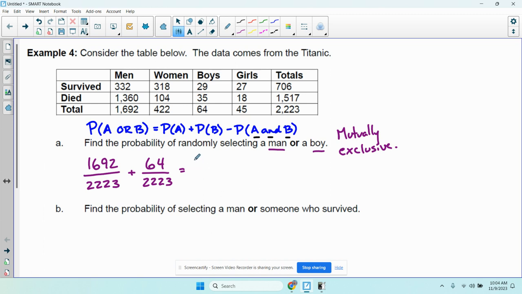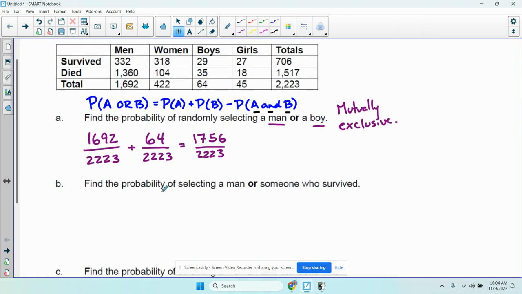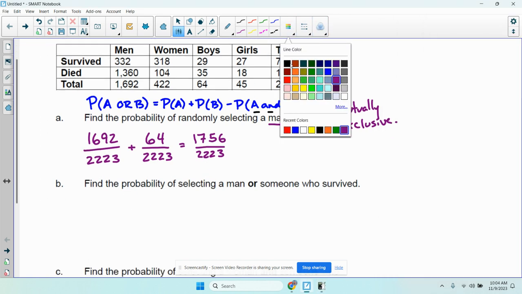So I get 1692 plus 64, 1756 out of 2223. Let's see if that will reduce. It might. Nope, it doesn't. So that's our answer.